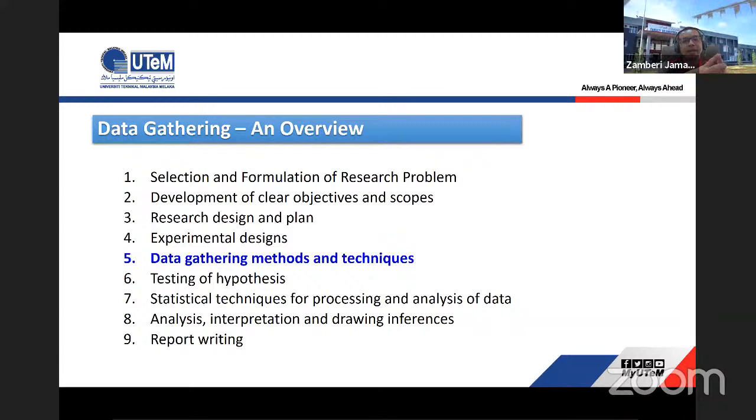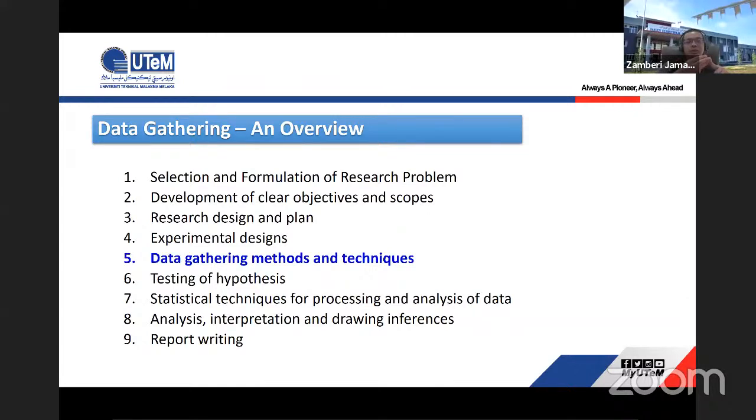Normally when we start off our journey in research, basically the first step will be the formulation of the research problem or the problem statement. That will be the first step, followed by the objectives and scope.